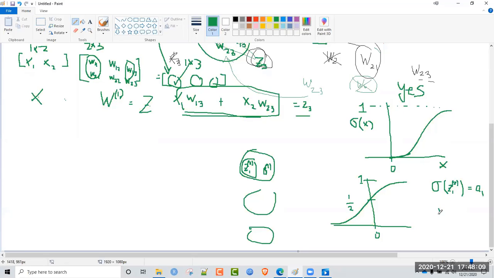And if I do this with Z2, that's what I mean by A2. And what do I mean by A3?